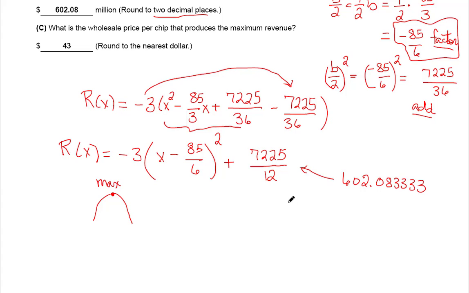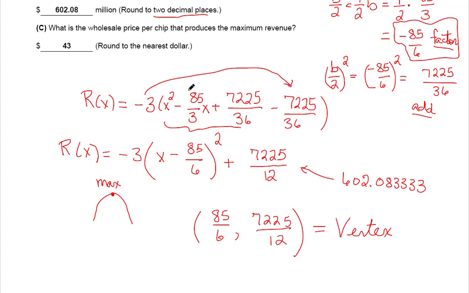So what that tells me is I got shifted over this way to 85 over 6. So my vertex is at 85 over 6 and 7225 over 12. That's actually where the vertex is located.